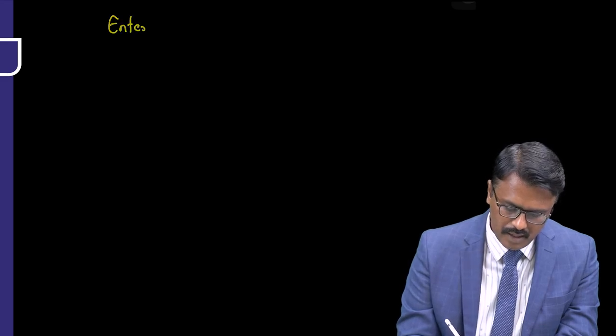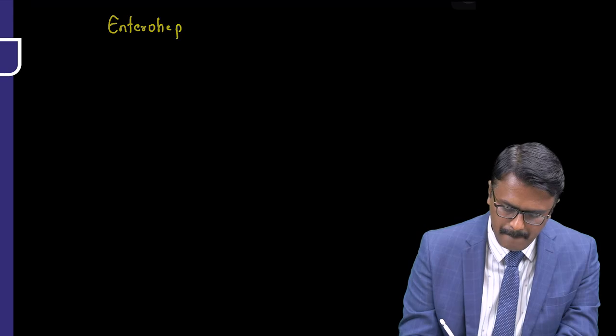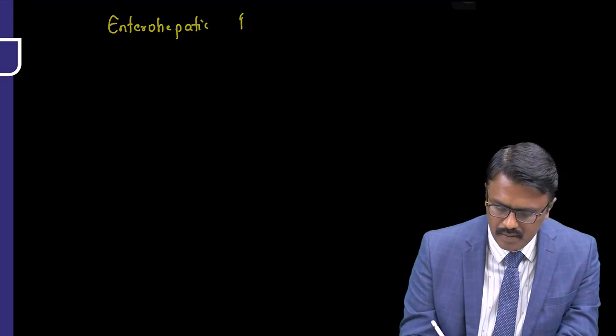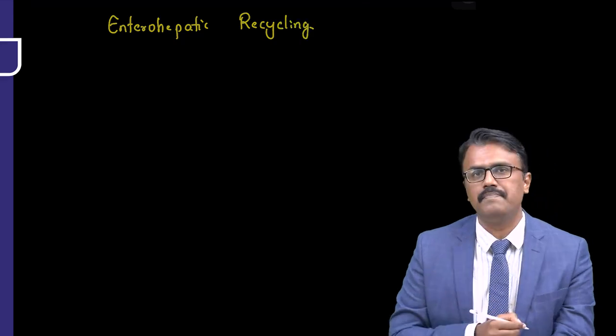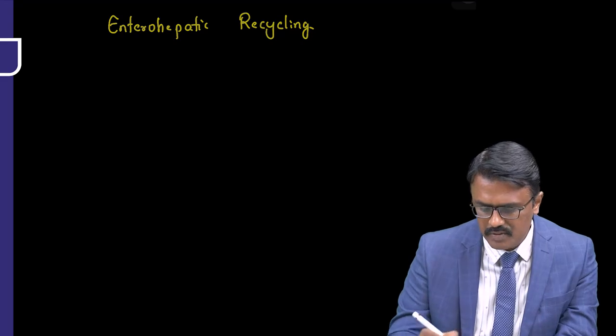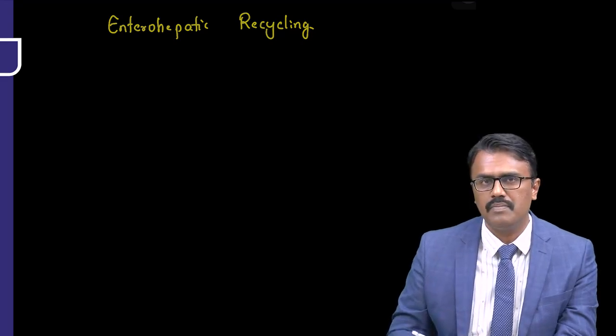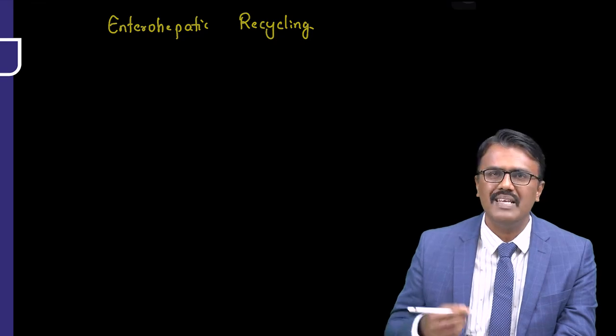Okay. In the liver, we need to understand a concept called enterohepatic recycling. Enterohepatic recycling. Sir, what do you mean by that? Now there are certain drugs which have this property. You know, recycling.